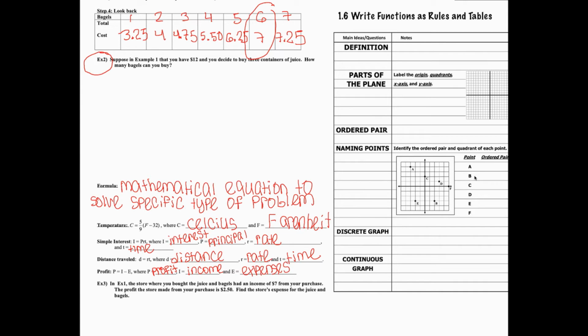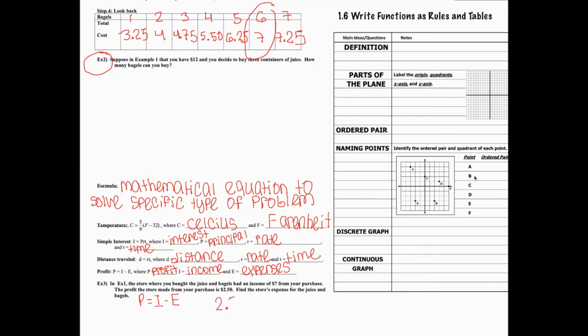So in example 1, the store where you bought the juice and bagels had an income of $7 from your purchase. The profit the store made from your purchase is $2.50. Find the store's expenses for the juice and the bagels. So we know that we're going to be using the equation P equals I minus E. So they told us that the profit is $2.50.